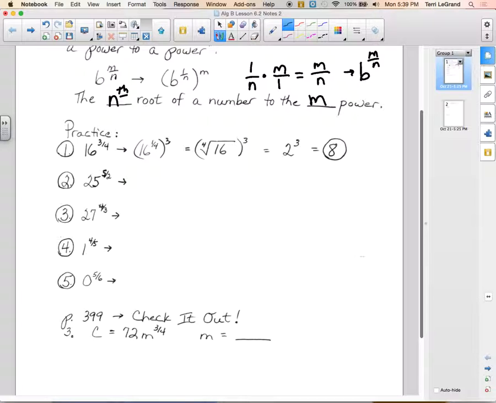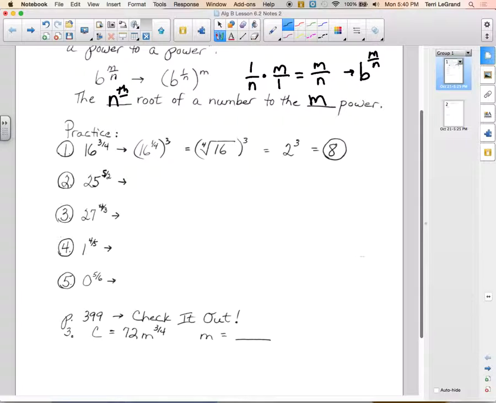I broke it apart and I said 16 to the 3/4 power can be rewritten as 16 to the 1/4 power. So the denominator stayed the same. We put a 1 upstairs for the numerator, and then that 3 moves outside and becomes a power. So we have 16 to the 1/4 power, that being raised to the 3rd power. So now we have what we were doing yesterday. 16 to the 1/4 power really means look for the 4th root of 16 and then take that to the 3rd power.